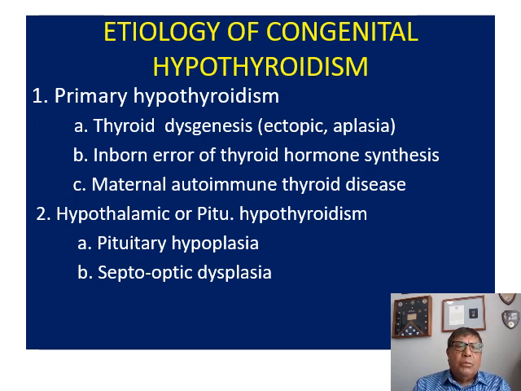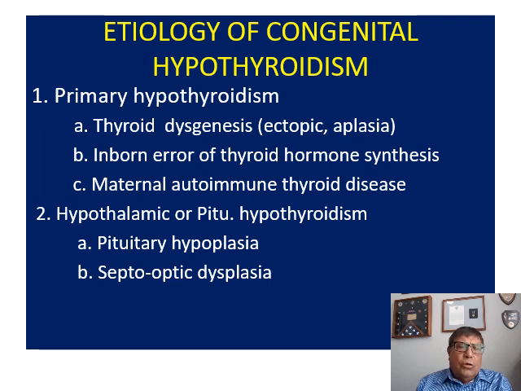And sometimes there is autoimmune or inborn error of thyroid hormone synthesis, that's the organification defect, which is autosomal recessive as we have mentioned. And if the mother has autoimmune thyroiditis, especially with lots of antimicrosomal antibodies, they might cross the placenta, or any antibody that might block the receptor, and therefore the baby may be temporarily hypothyroid.